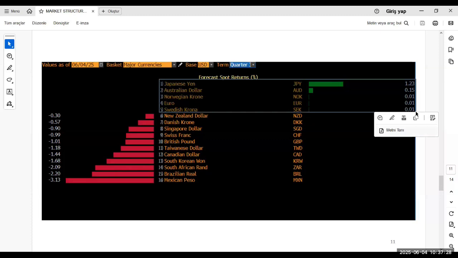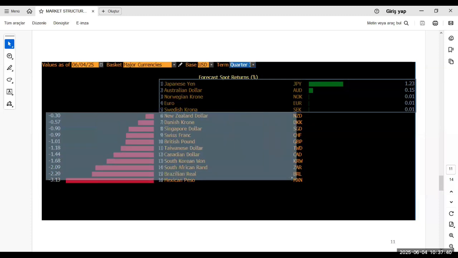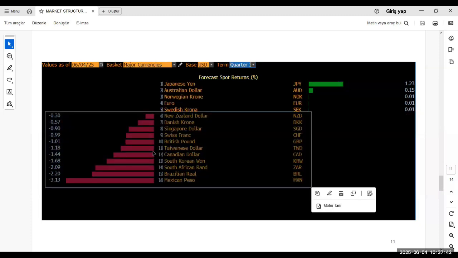Almost all of them are appreciating: Japanese yen, Australian dollar, Norwegian krona, euro, and Swedish krona. These biggest major currencies are appreciating. And other currencies for the next quarter are depreciating against the United States dollar, even the New Zealand dollar, Danish krone, Singapore dollar, Swiss franc, British pound, Taiwanese dollar, Canadian dollar, even the Mexican peso.